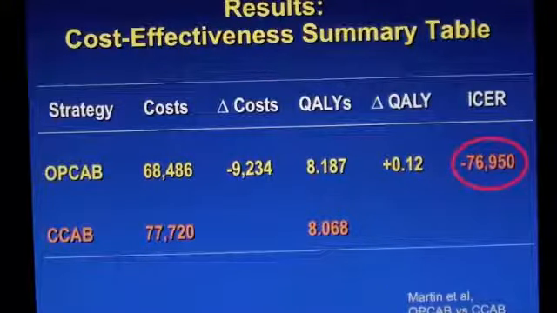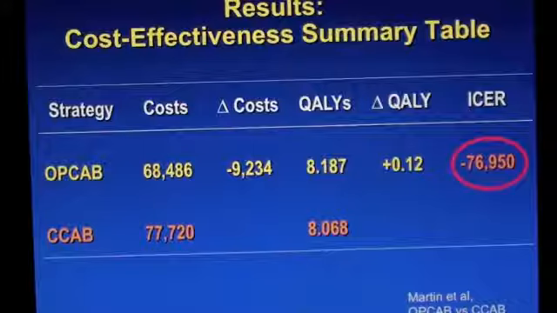When you see a negative ICER, what you have to do is trace back and figure out which quadrant on the cost effectiveness plane you are. In this case, because it is cost saving and the QALYs are improved or positive with off-pump versus on-pump, we're the best of both worlds. Again, it's cost-saving and it's more effective.